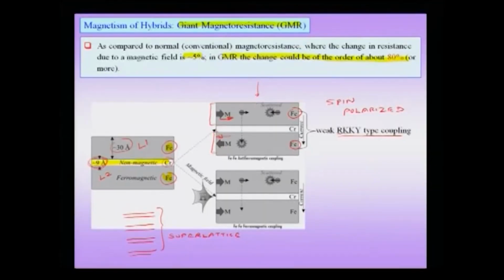So, I have a spin polarized current coming from the top layer, which goes down to the bottom layer. Now, what is happening? Since the magnetization of the first material is in this direction, if there are any spins in the current originally pointing in the wrong direction, like for instance, you might have a normal conductor injecting electrons into this ferromagnetic layer, those spins which are pointing in the wrong direction will get scattered preferentially.